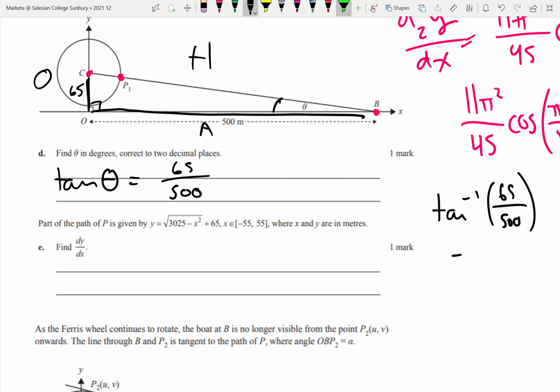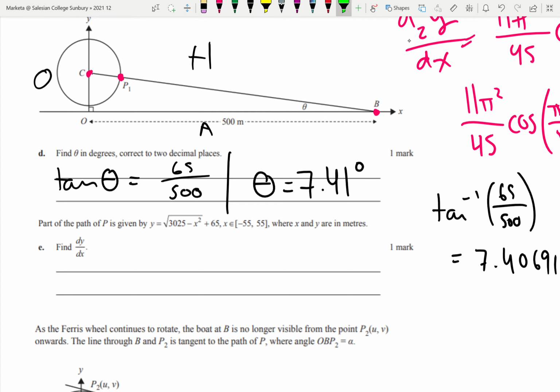And I'm getting 7.40691, blah, blah, blah. They want it to 2 decimal places. So it's 1 mark. I don't even need to show how I got it. I can if I want. So theta equals 7.41 degrees. So there's our solution there to 2 decimal places. Okay, so what I'm going to do, I'm just going to put that in so that if I need it later, it's already there. So theta equals 7.41 degrees.